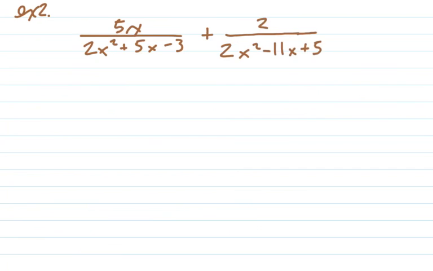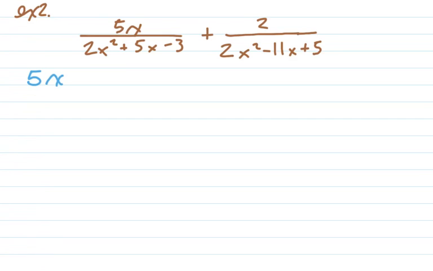Next problem. Okay, here I have 5x over 2x squared plus 5x minus 3 plus 2 over 2x squared minus 11x plus 5. So this problem, I think I'm going to have to use my least common denominator method. If you haven't watched the video on the least common denominator of rational functions, I suggest you do so if you want to solve a problem like this. So I'm going to factor the bottom, and that'll help me with my domain restrictions.